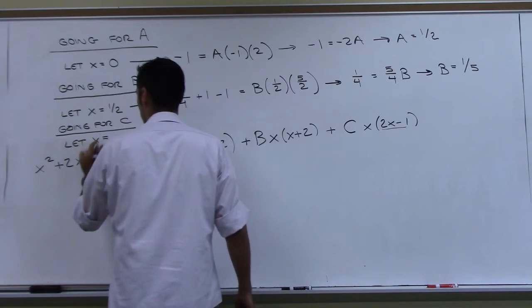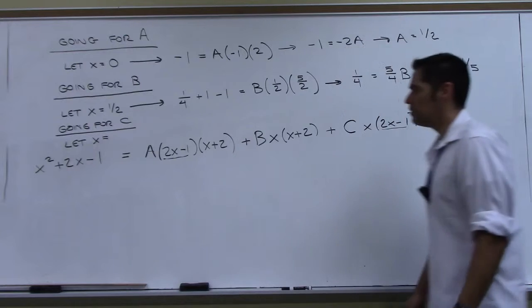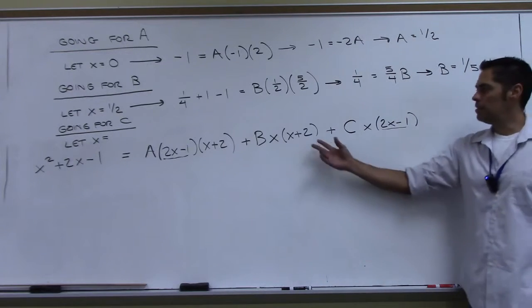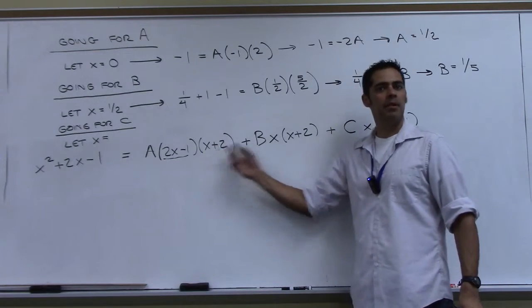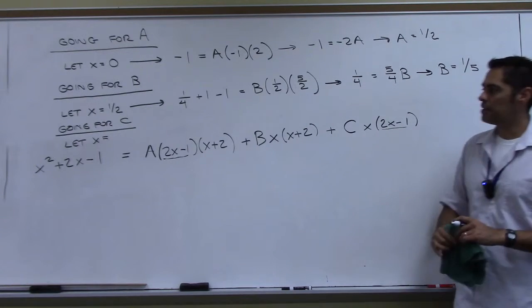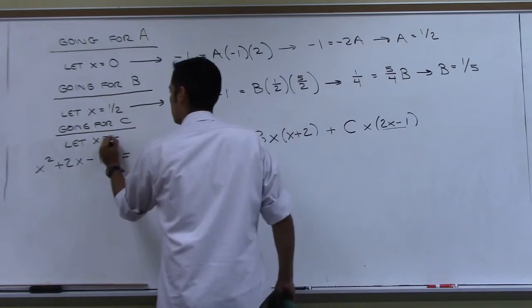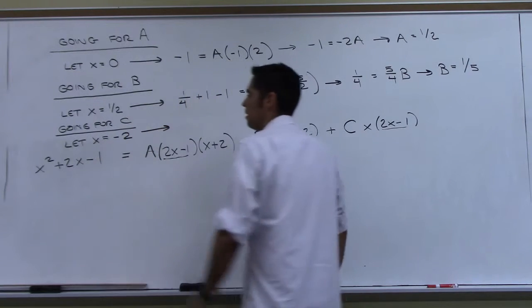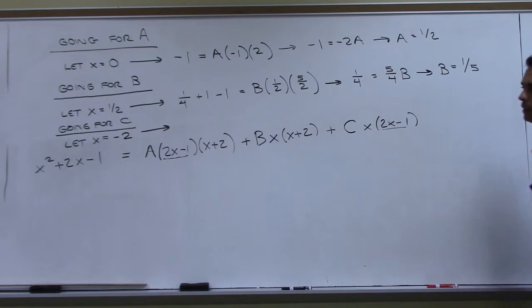let x be -2. Because this factor and this factor appear here, but don't appear here, I can let x be -2. And let's see, what does the left side turn into? -1.